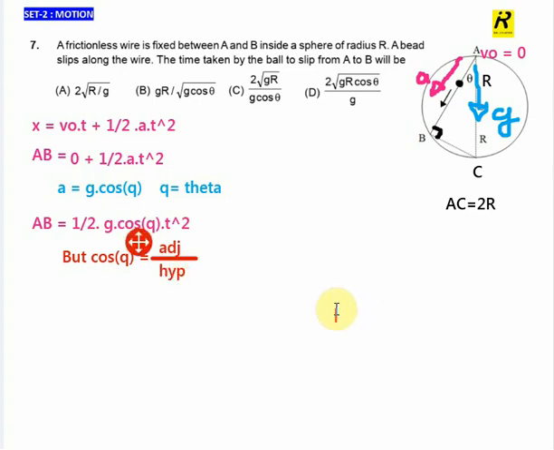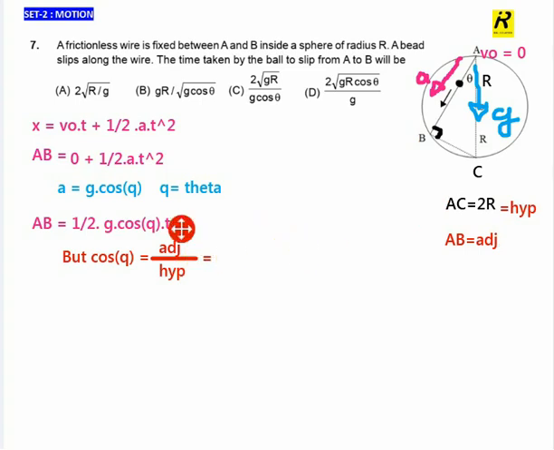So adjacent divided by hypotenuse. In this picture, the 90-degree mark is here, and this side AC is the hypotenuse. And AB is adjacent.